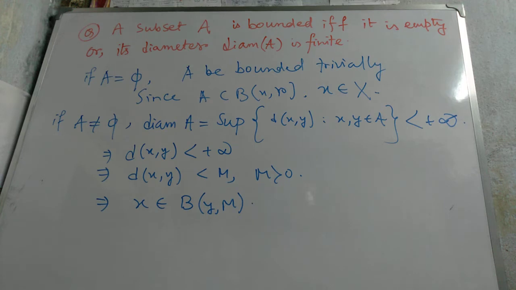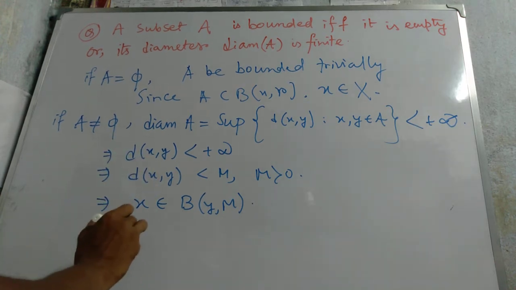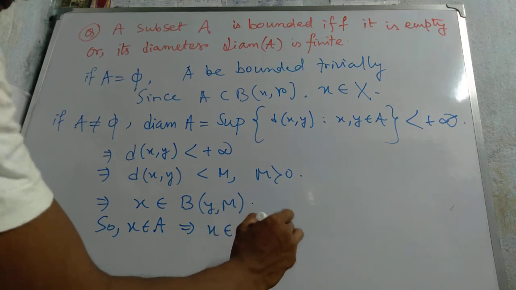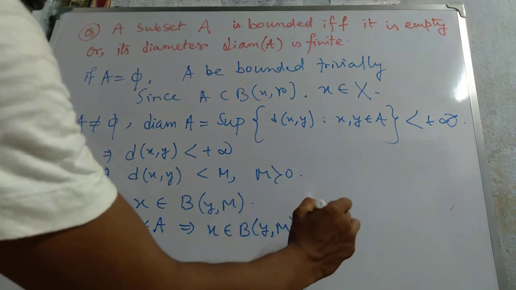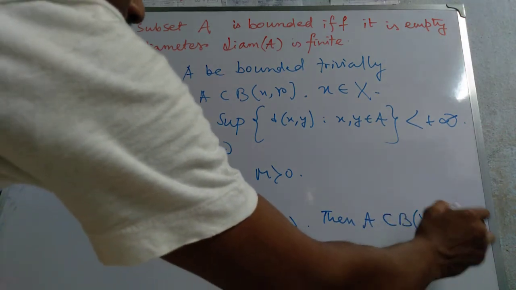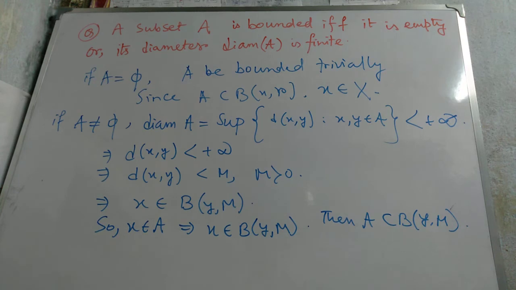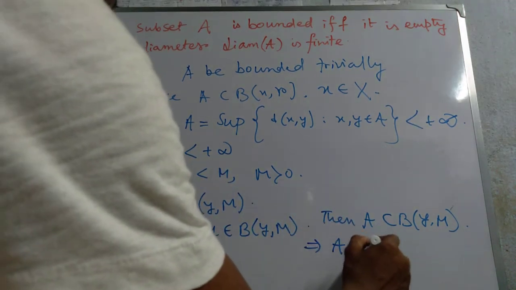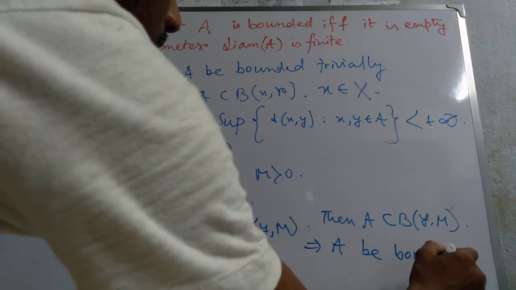Now x is arbitrary, so x belongs to A implies that x belongs to B(y, m). So A is a subset of B(y, m). Then diameter finite implies that A is bounded.